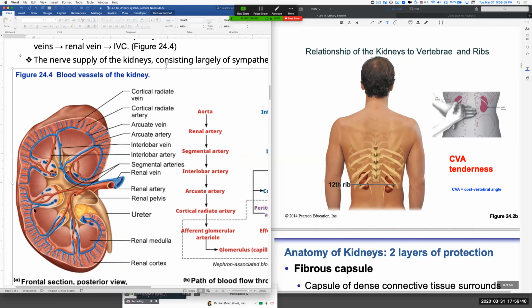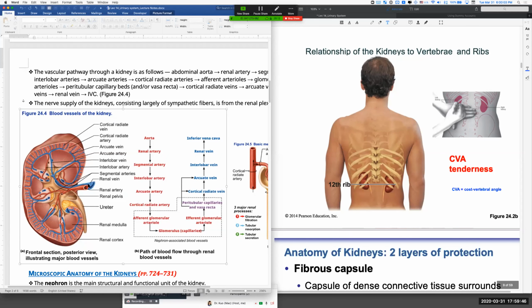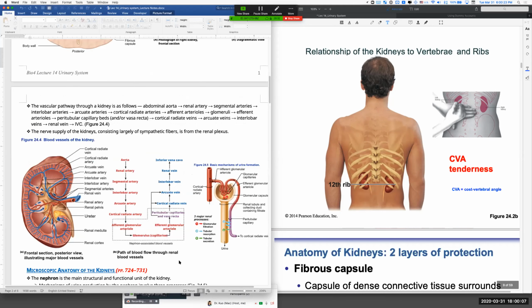So then from the interlobar vein, that just leads into the renal vein. The renal vein then leads into the inferior vena cava. So this diagram shows you the structures that the blood flows through in that correct order. So passive blood flow through the renal blood vessels.